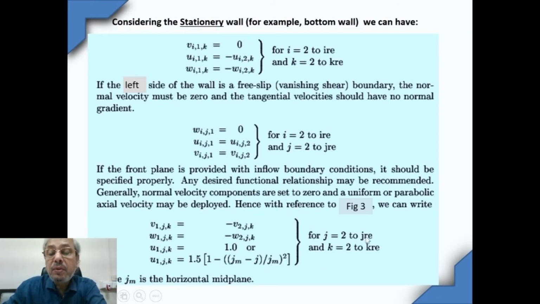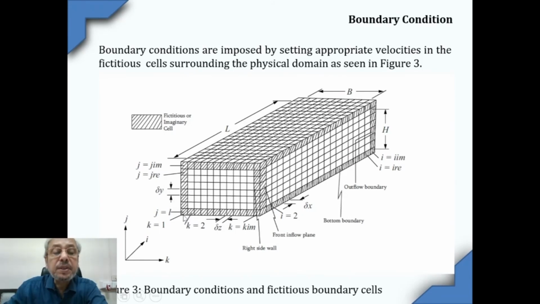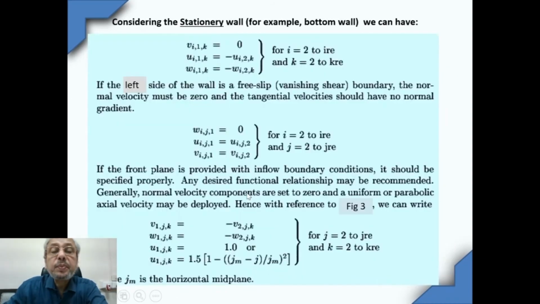With j equal to 2 to jre and k equal to 2 to kre, any cross plane will be covered by these loops or variations. J equal to bottom to top extent, k equal to one side to another side, will give the cross plane.